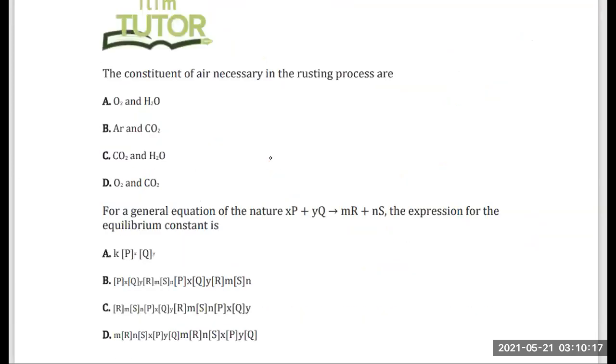This question asks, the constituents of air necessary in the roasting process are what? So we can use this opportunity to look at the constituents of air. What are the constituents of air? Air contains mainly nitrogen, about 78%. We have oxygen, about 21%.